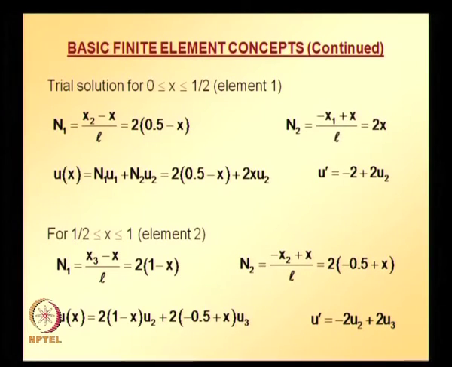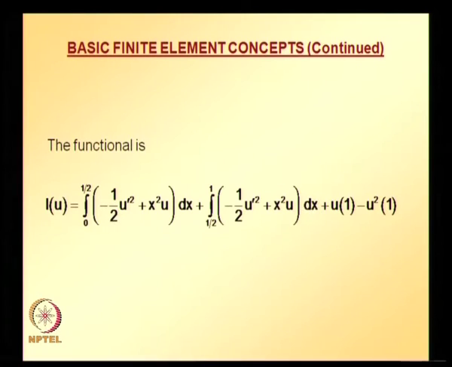Substituting all these quantities, that is the trial solution and the derivative of the trial solution, into the equivalent functional, here there are two elements. So, you will have two integrals, the integral over the first element plus the integral over the second element. The first element domain is from 0 to half and the second element domain is from half to 1, and the last term is the boundary term, which in this particular discretization, x equal to 1, corresponds to u3.